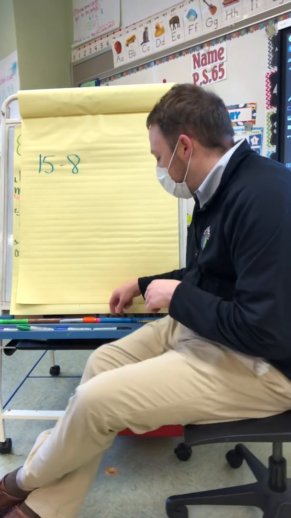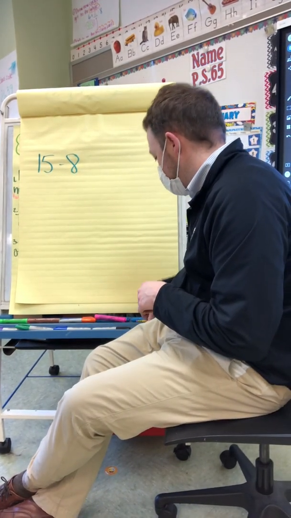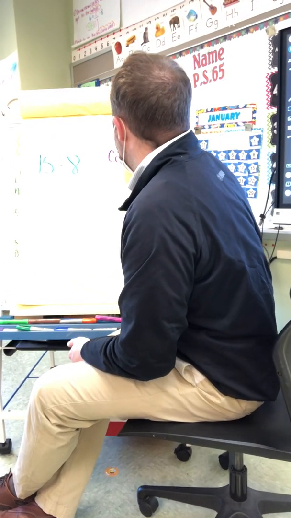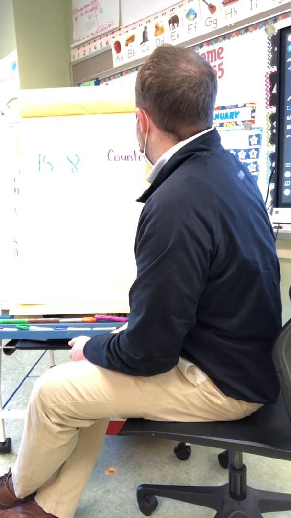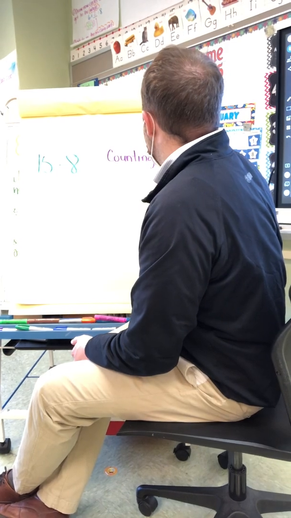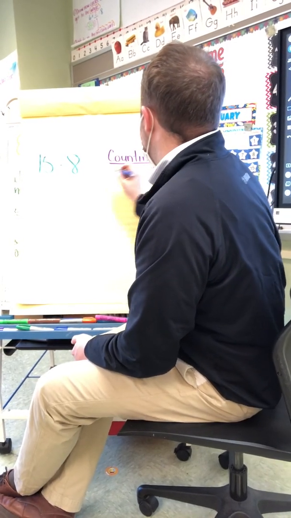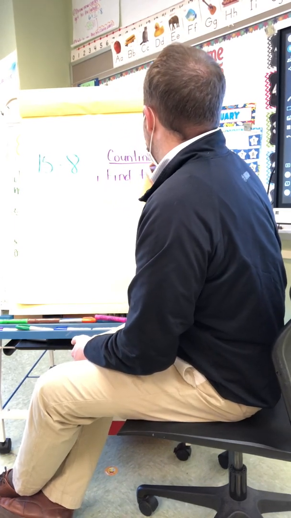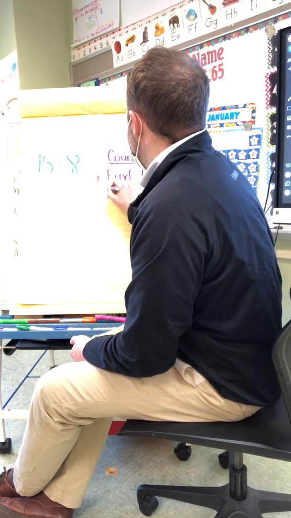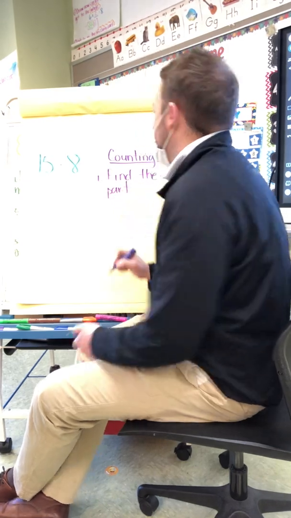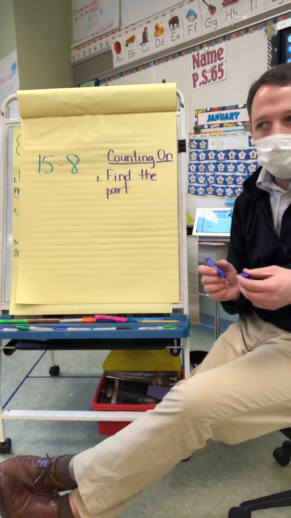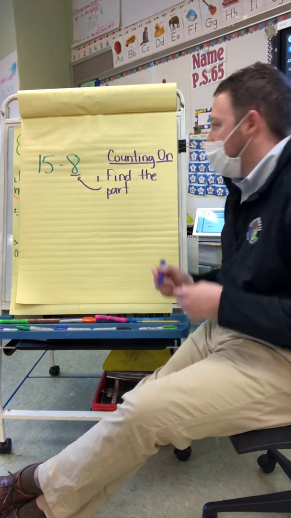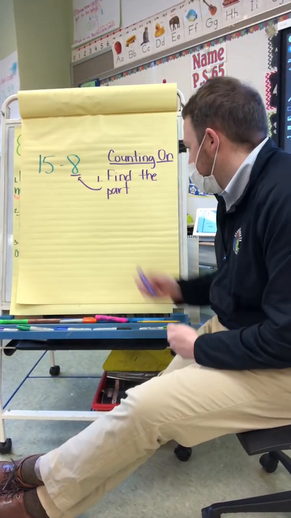So, when we count on, it's important to remember, so for counting on, we're going to go over this again. The first thing we have to do is find the part. So now, which of these two numbers is the part? 15 or 8? 8. Thank you, Sandy. 8 is the part, right? So we're going to start there. So 8 goes in your head.